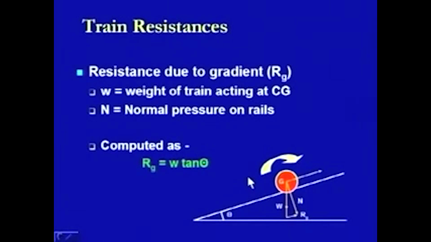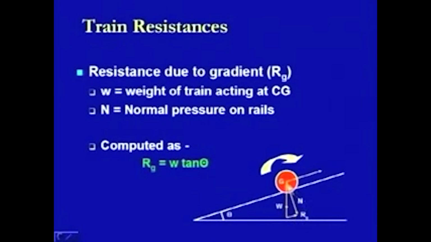In this case, this resistance due to the gradient is computed as W multiplied by tangent of this angle theta, that is the angle of inclination. Here the assumption is made that this angle theta is quite small, and therefore the values can be taken as sin theta equals tan theta.